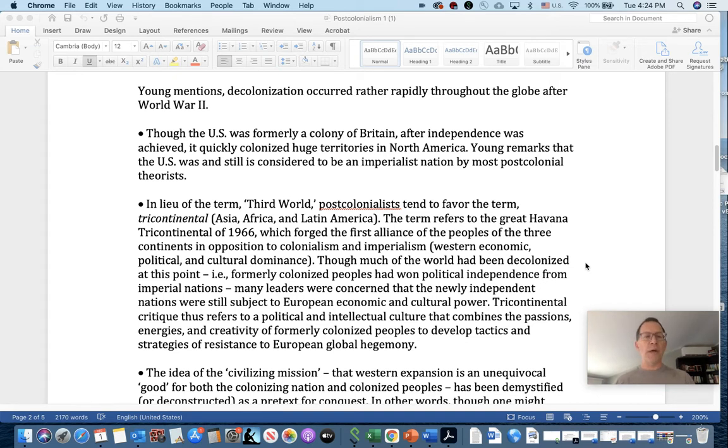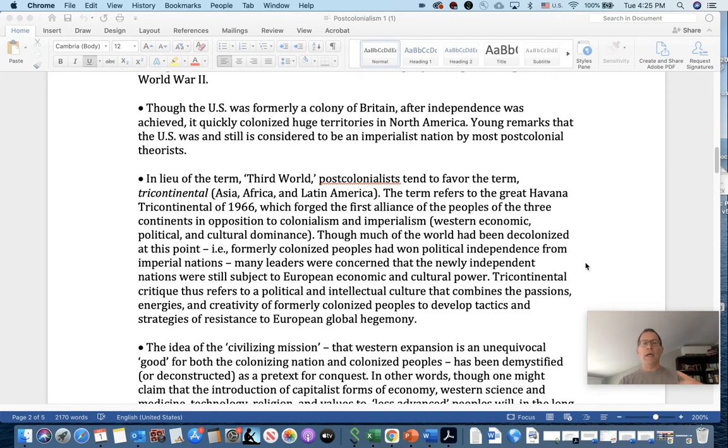So Young remarks that the U.S. was and still is considered to be an imperialist nation by most post-colonial theorists. And I, by the way, am in agreement with Young on this matter, that the United States still is an empire, okay? Although there are certain signs that the empire is in decline. Whether that's rapid decline or not is another question.